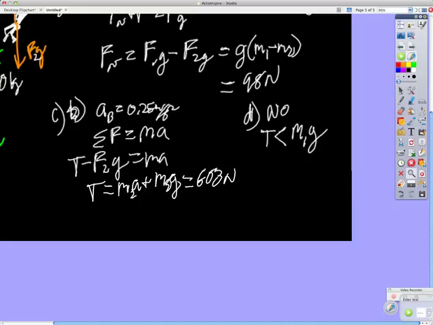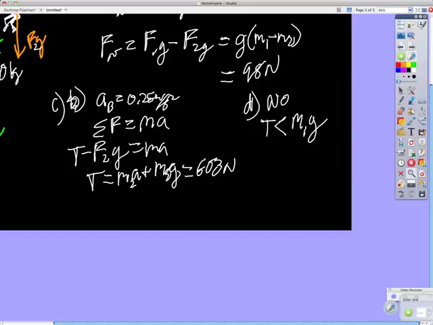So the minimum we need to do to get this guy to float is somehow lift him up off the floor. So we're going to use this logic like we did before, but we have to use the two correct force statements. The statement again for A, which I'll put in yellow so you can see this, was T plus Fn is equal to m1g.